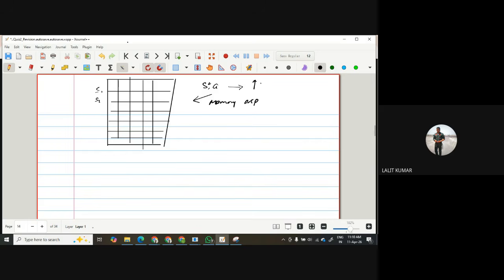Number one, memory explosion. Number two, here it is handling only discrete values. But in case your state or action is continuous, for example, you have got an autonomous car. Your state, for example speed, is continuous.